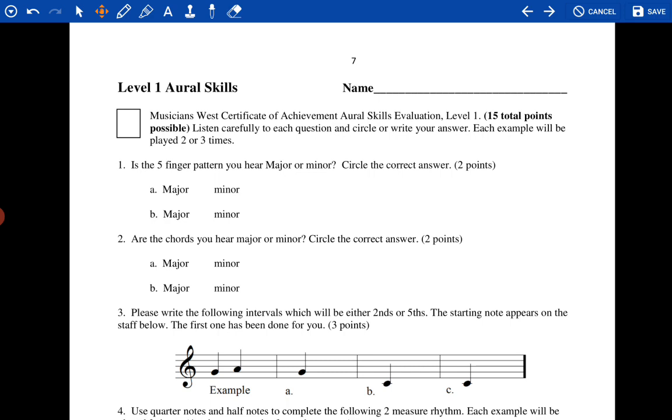So here's music in major. Okay, let's see if I can try and play it in minor. It immediately changes the mood from sunny and happy to sadder and cloudy.